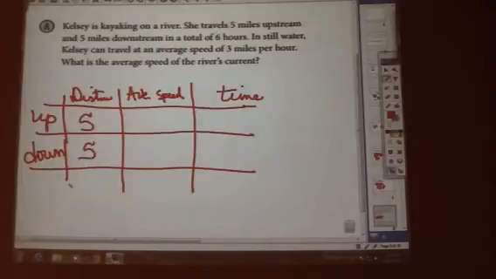She went the same distance, unless she got lost, which is possible. Her average speed. Now upstream, do you think it was harder or easier for her to go? Harder. So you're going to take her average speed and subtract the current from it because she's going against the current. And then to go downstream, she's going with the current.